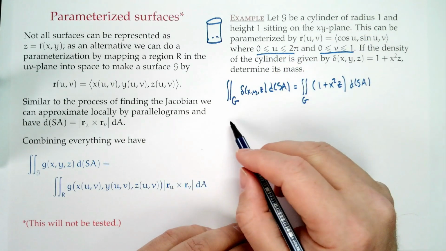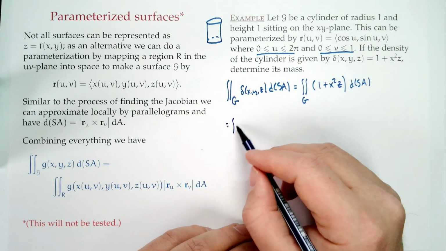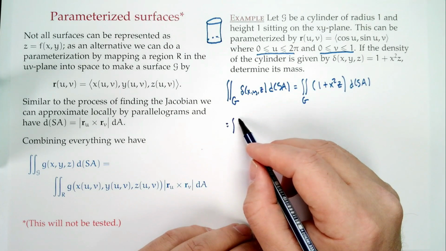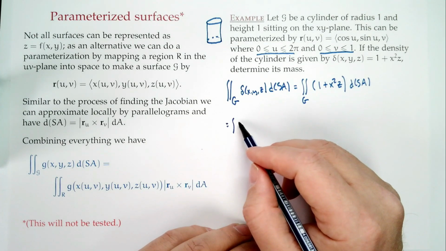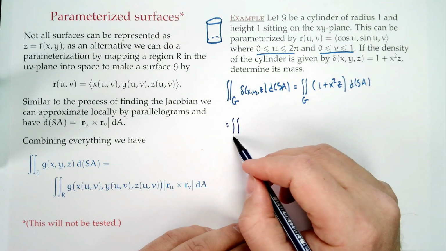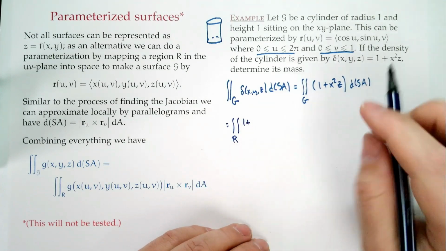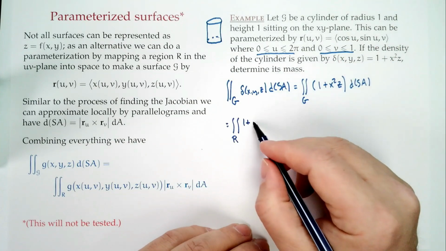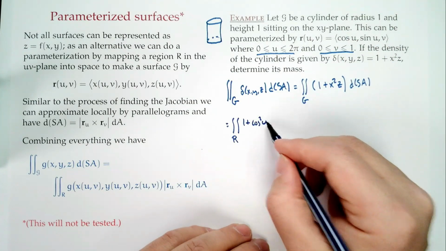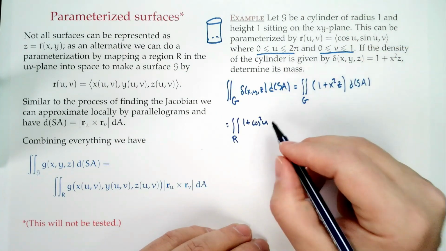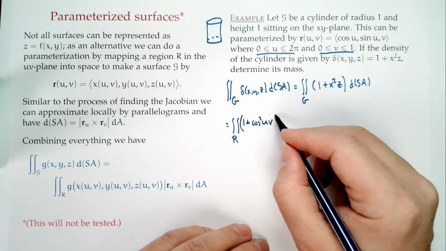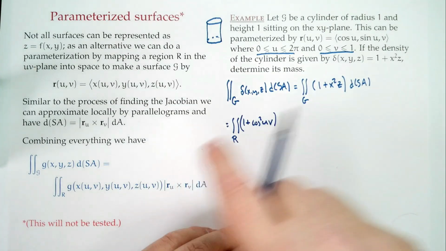All right, so this is going to become the integral over our region, and we'll figure out what that is in just a moment, of 1 plus x squared, so that's cosine squared u, times z, which is v. Then I have to multiply it by my dS.